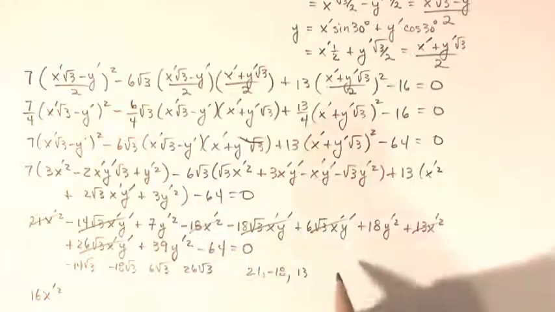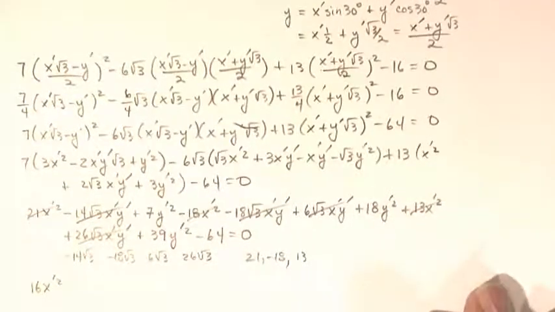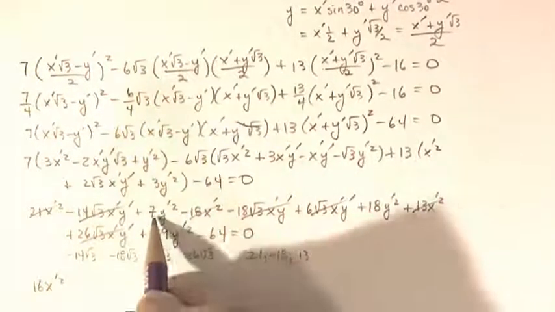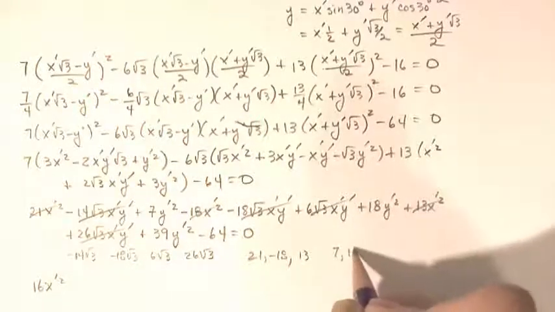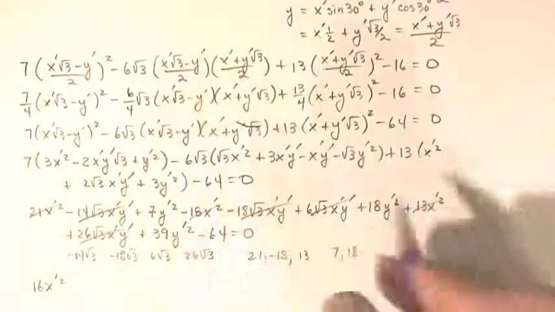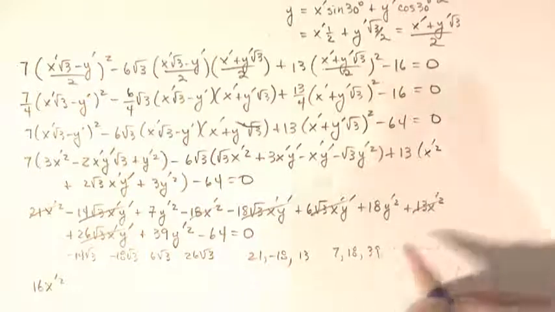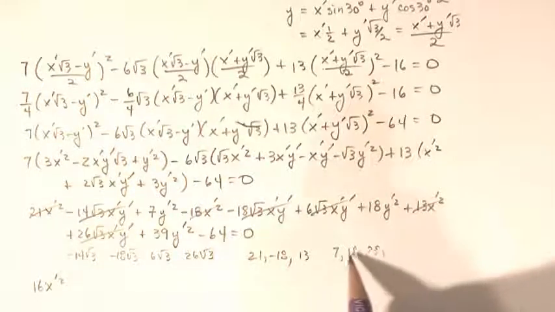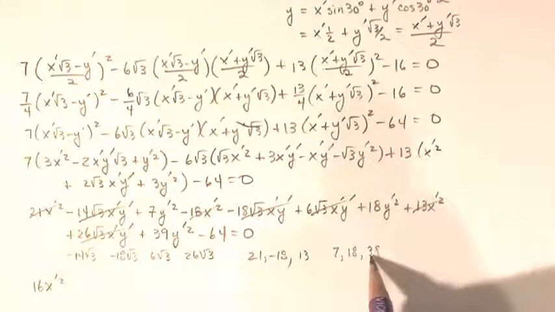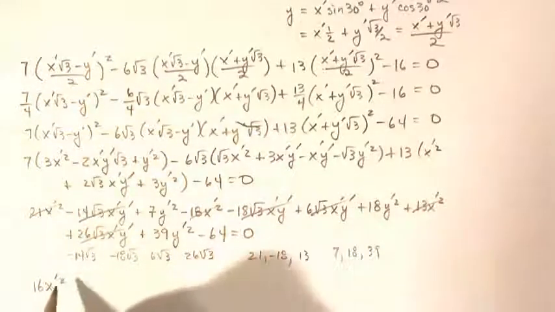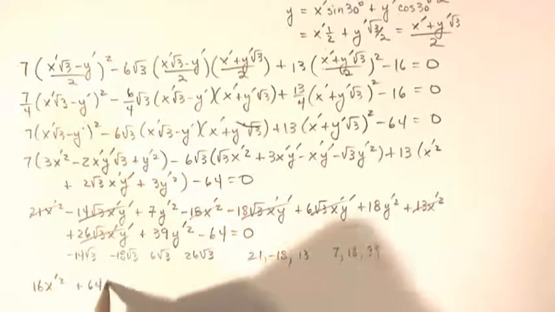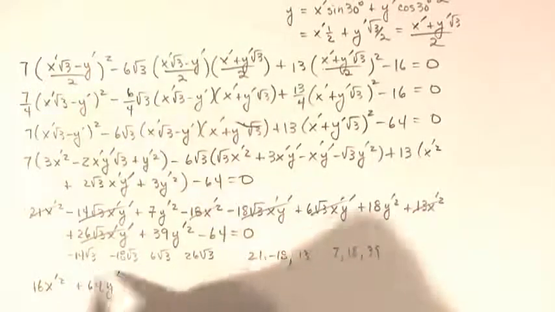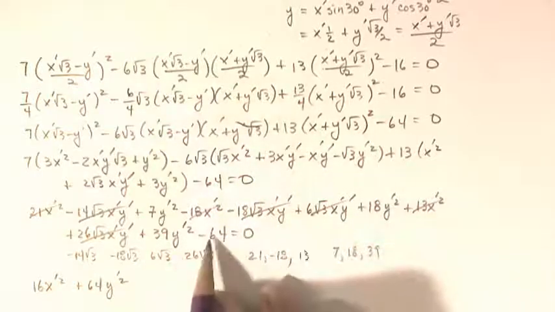Let's look at the y primes. We have a 7 here, and we have an 18 over here, and we have a 39 over here. So 7 and 18 is 25, 25 and 39 is 64. So we have plus 64 y primed squared. And we still have this.